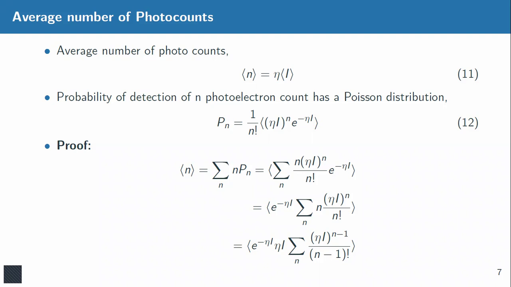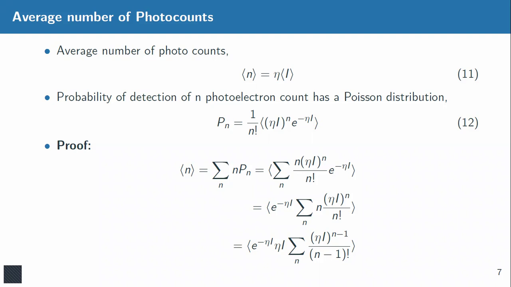So from experimental and observed data, we have come to know that the photo counts follow the Poisson distribution.